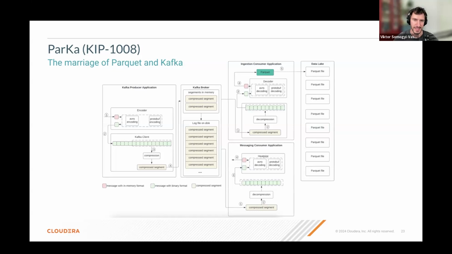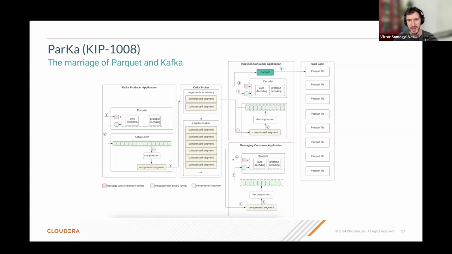And similarly to Tiered Storage, they want to take this further and marry Parquet and Kafka. And what we see here is the classical way of how the producer, the broker, and the consumer work in today's world. So in the producer application, in step 1, we encode our data with Avro. In steps 2 and 3, we batch it up, compress it, and we send the compressed segment in step 4 to the Kafka broker.